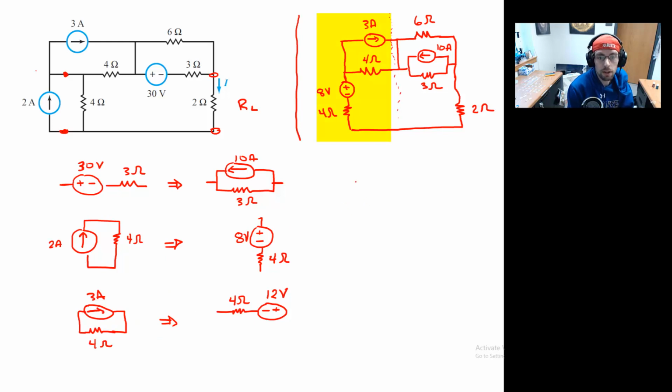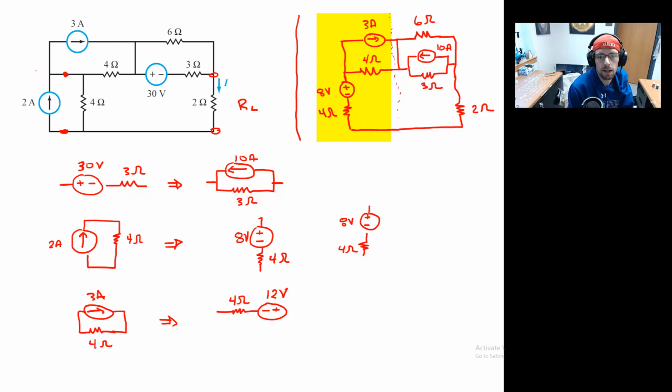So I can redraw that. We can draw that as, well, keeping the bottom left-hand side the same for a moment. This is a 4 ohm resistor. This is an 8-volt supply, so I'll leave those two untouched.